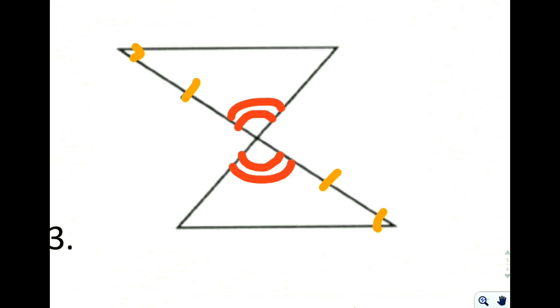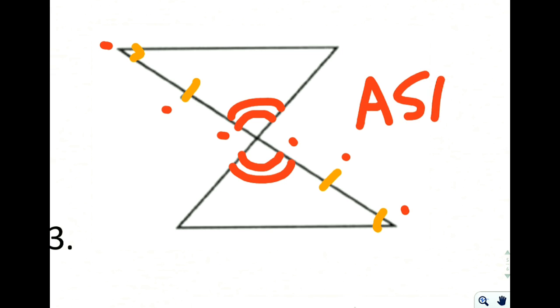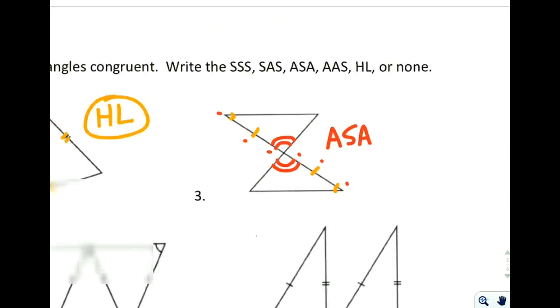We already used our one tick, so let's use two angle marks here. By vertical angles, we get this last piece of information for free. Now we have one tick angle, a side, and the two tick angle in a row. We can prove these are congruent by angle, side, angle.